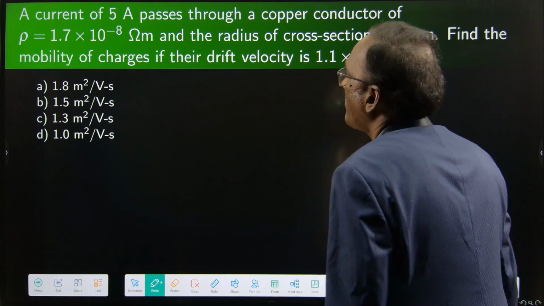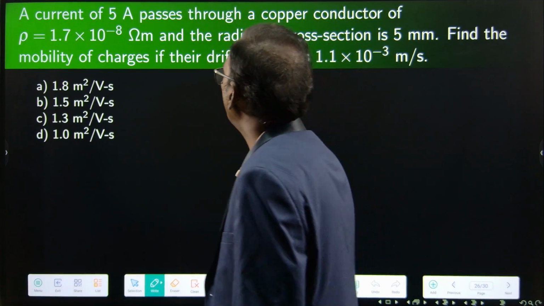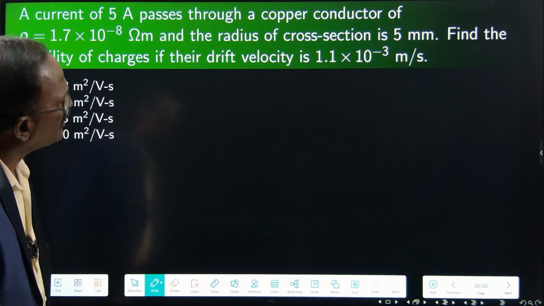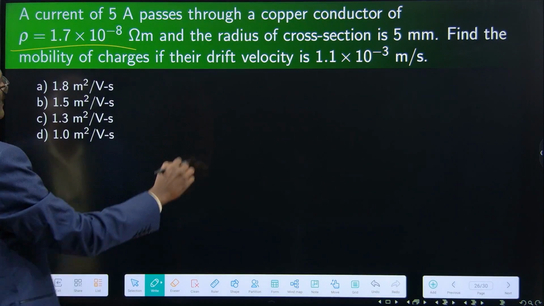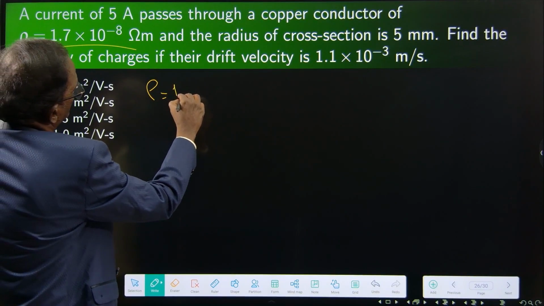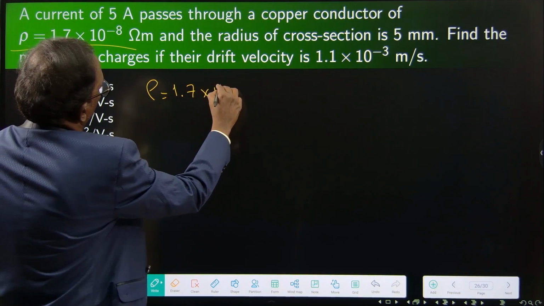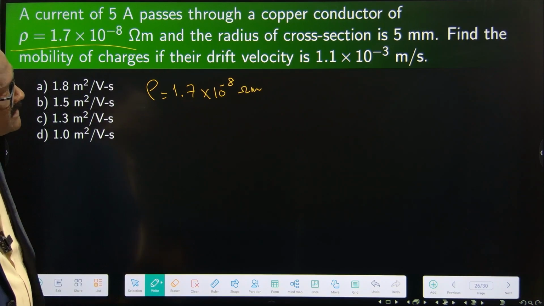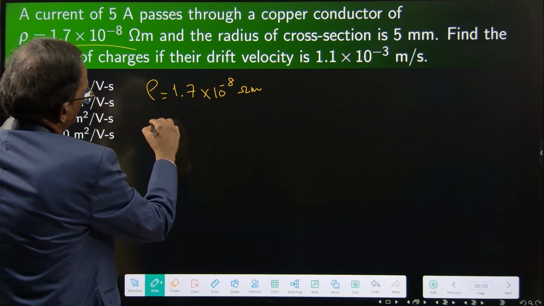A current of 5 ampere passes through a copper conductor of rho 1.7 times 10 to the power of minus 8 ohm meter, and the radius of cross section is 5 mm.